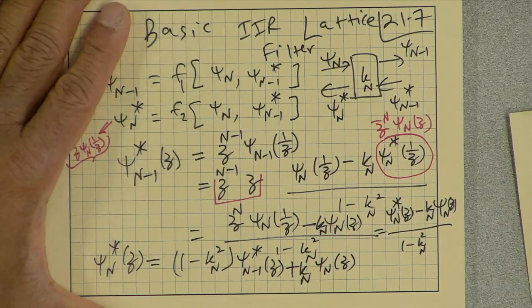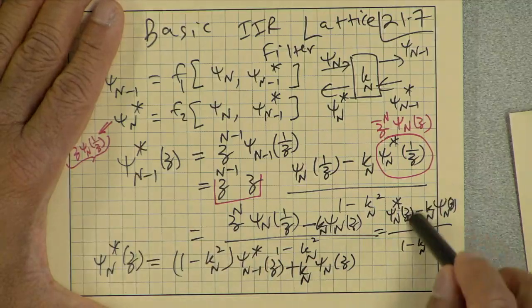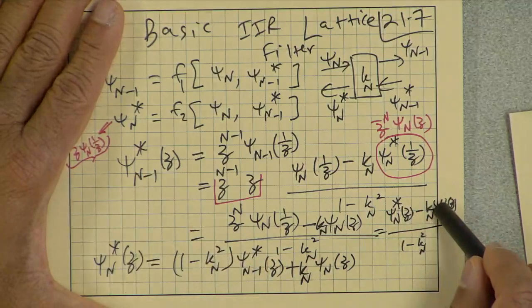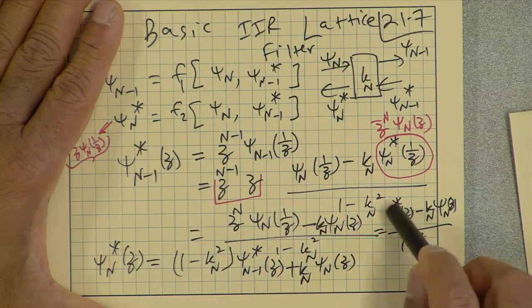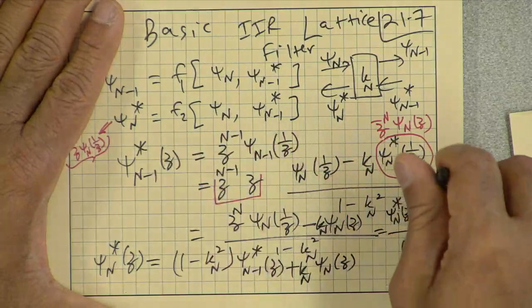So take this quantity to the left side, so this quantity is equal to 1 minus kn squared times that quantity plus this quantity.